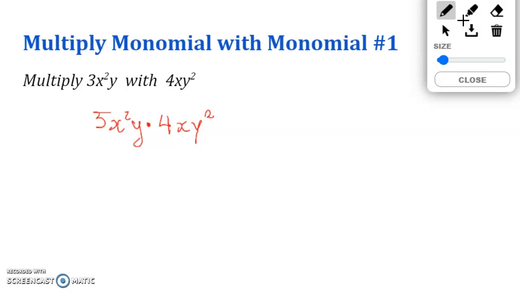This is very different to 3x squared y plus 4xy squared, which are not like terms, so we cannot simplify this any further. However, when we are multiplying, this is a very different operation.